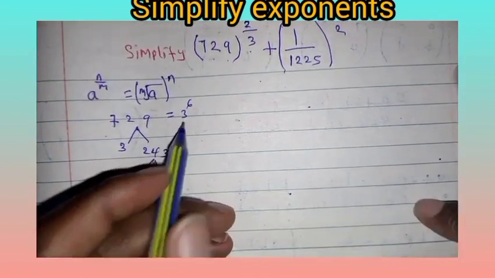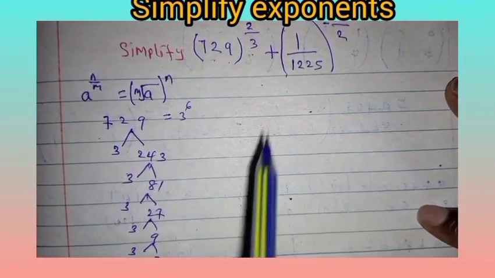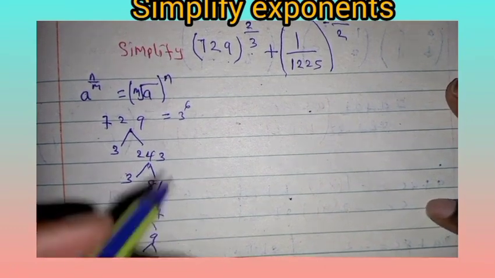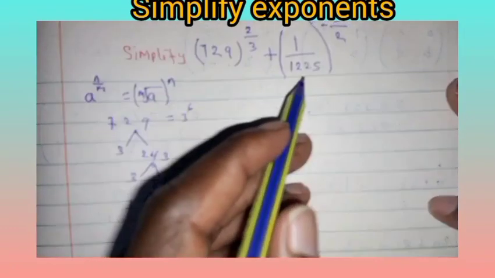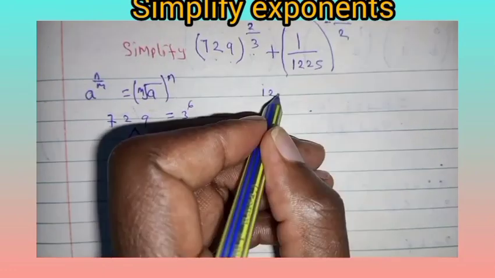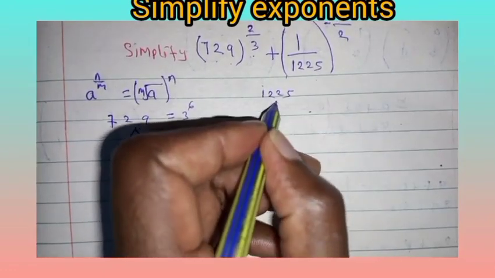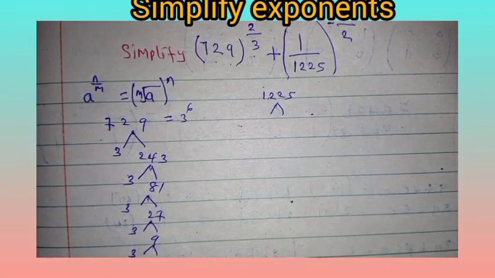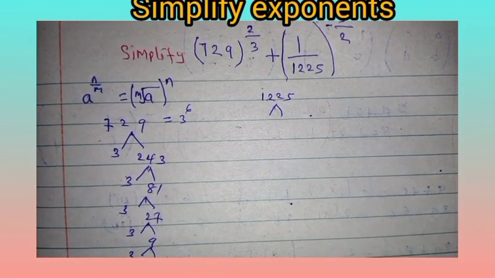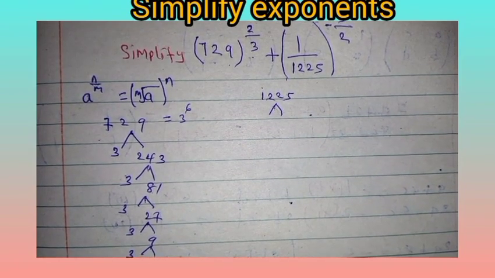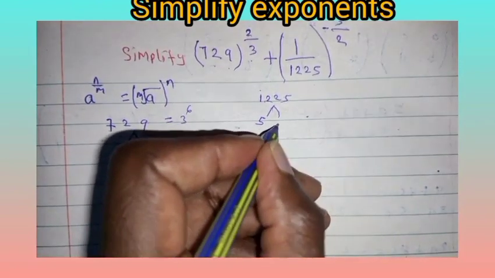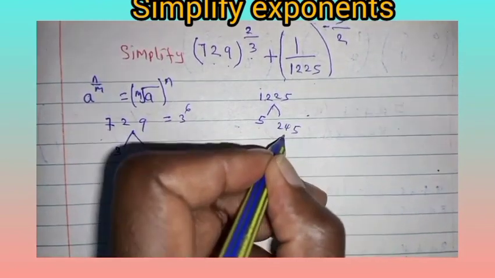Once you have this, you also come here and express this other number, 1225. First of all, this number is not divisible by 2 or by 3. So we start dividing it by 5. So 1225 divided by 5 will give you 245.